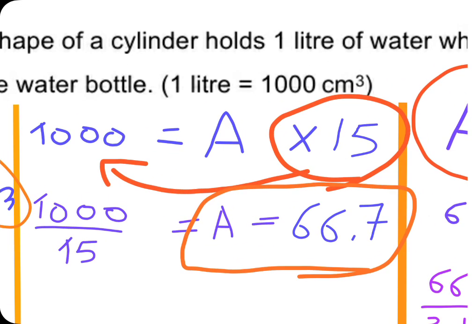And here we said that the volume, which is 1000, equals A, which is the area of the cross-section, multiplied by 15, which is the length. And then we took 15 to the other side by dividing. Because it's multiplied, we divided. So 1000 divided by 15 equals 66.7, and this is the area of the cross-section.